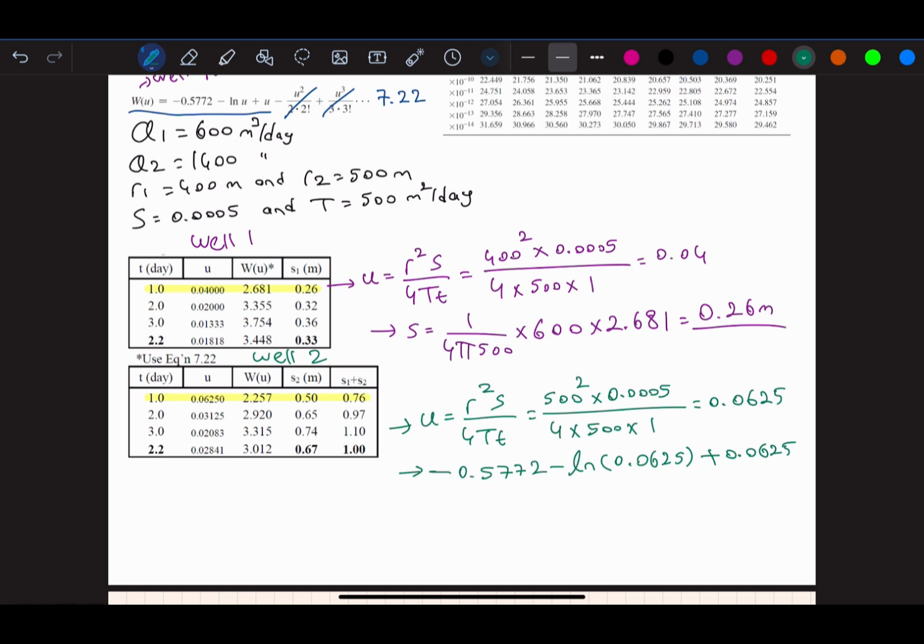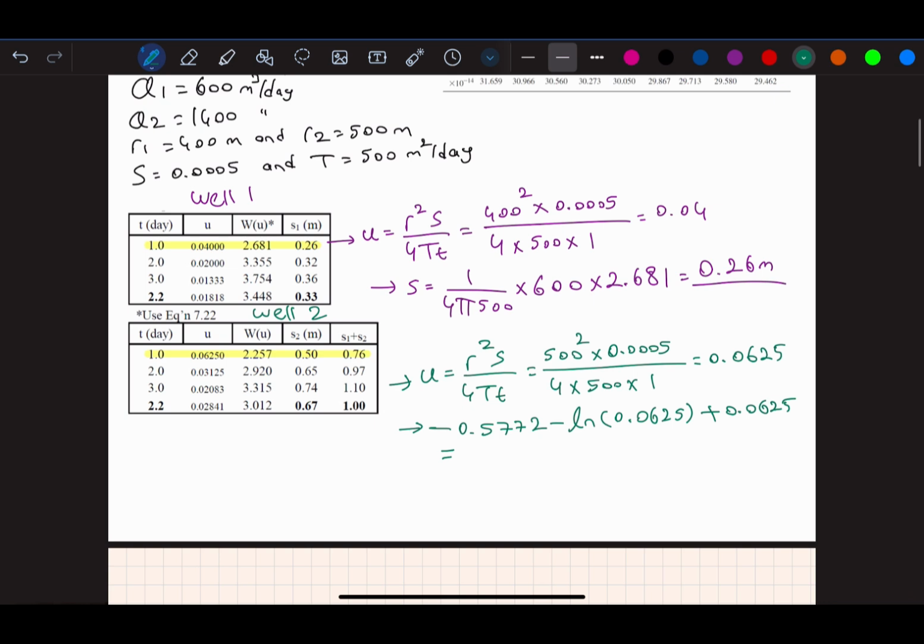And I want to verify the value in my solutions. So we have 0.5772. And yes, we can get the exact well function value. So it will be 2.257, which you will see here.